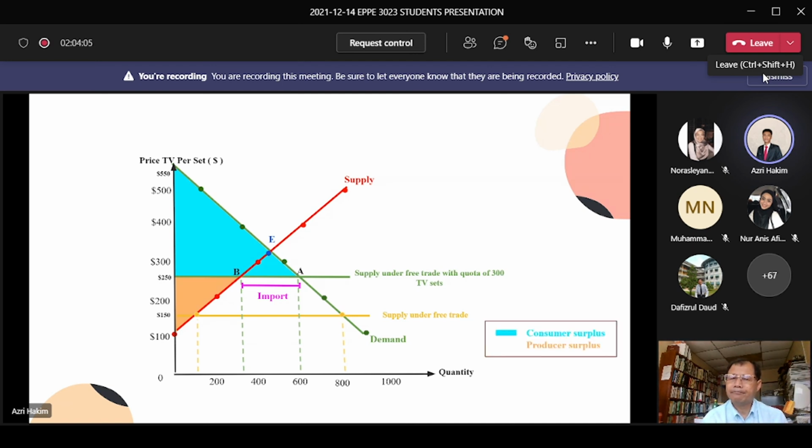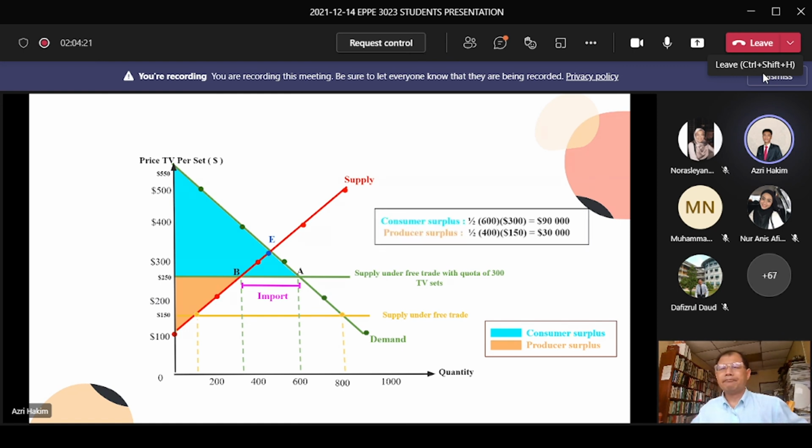Okay, so this is a graph showing the consumer surplus and producer surplus. The blue area is the consumer surplus, while the orange area below is the producer surplus. To find the area of consumer surplus, we use the formula for the area of a triangle, which is 1/2 times base times height.